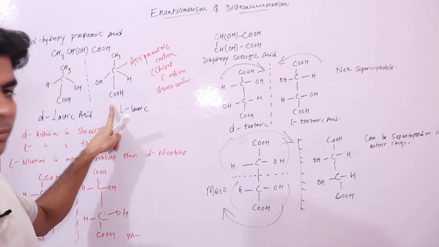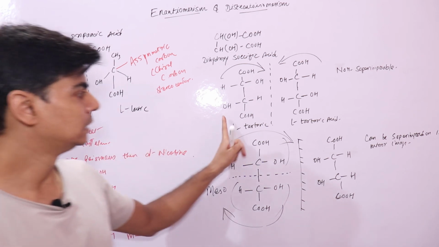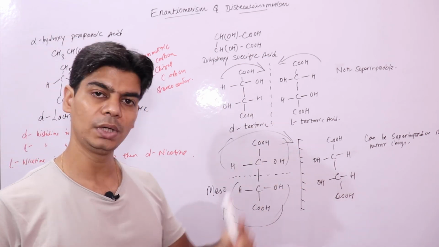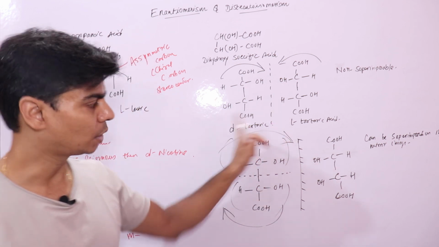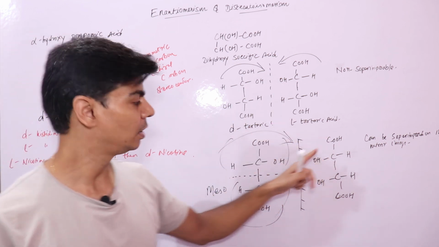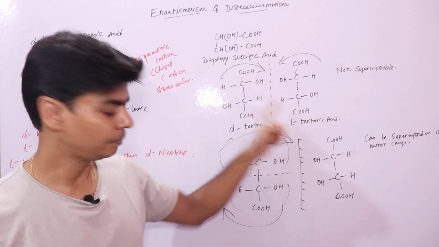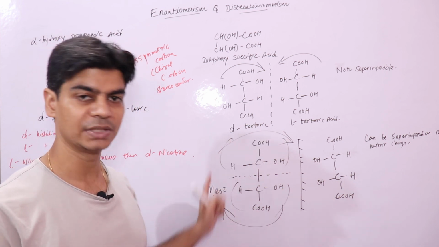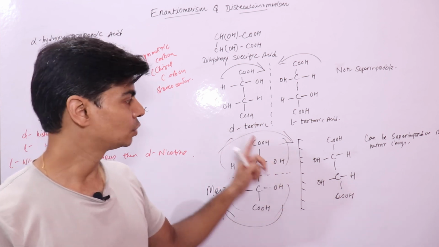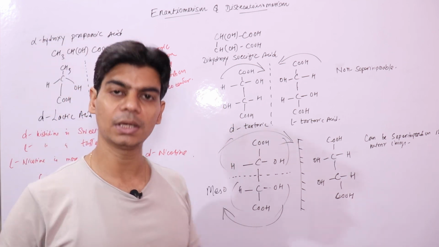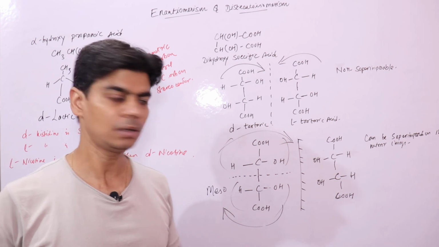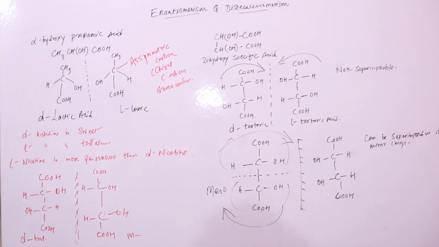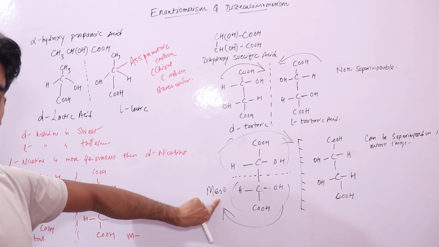These are enantiomers, which are non-superimposable mirror images. In tartaric acid, we have three optical isomers, but only two are enantiomers, because they are mirror images of one another. Now, if we compare the D or L form with the meso form, neither is a mirror image of meso-tartaric acid. So a pair of optical isomers that are not mirror images of one another are diastereomers, and this phenomenon is diastereomerism. So the D form and the meso form are diastereomers.